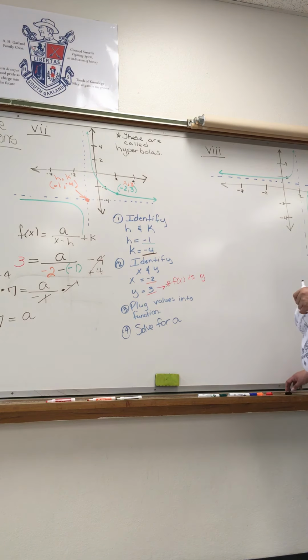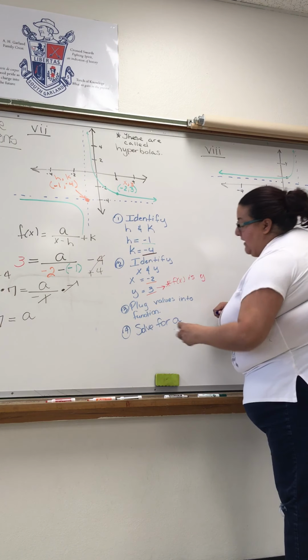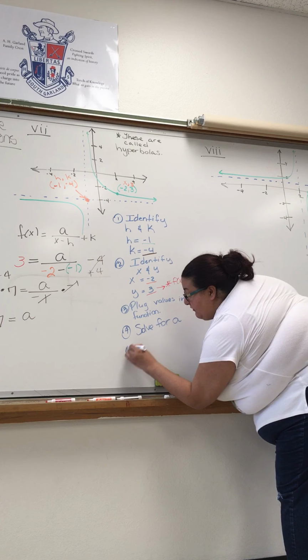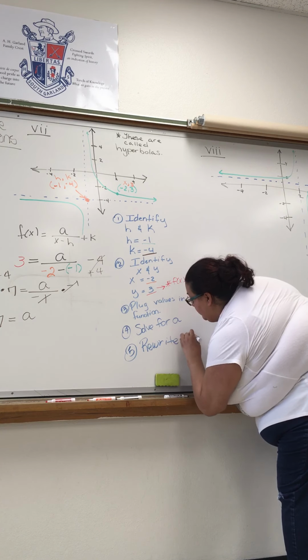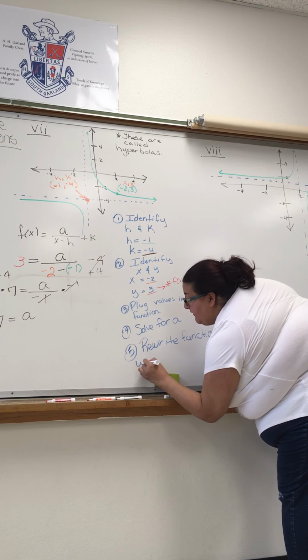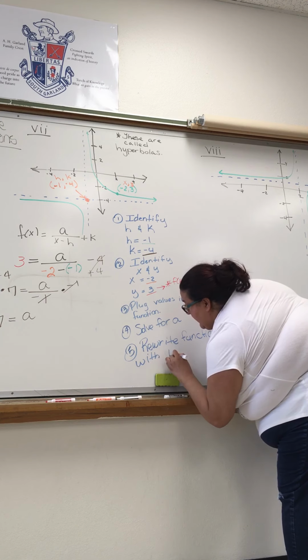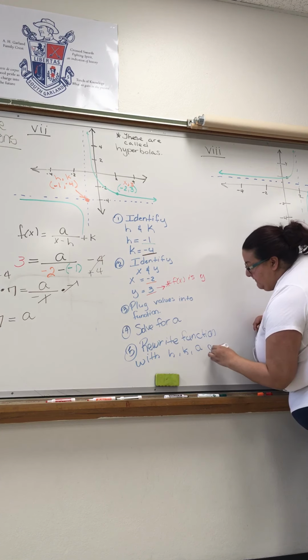Okay, so the next thing I want to do is, where's my blue marker? I'm going to step 5, and I'm going to rewrite the function with h, k, and a only.